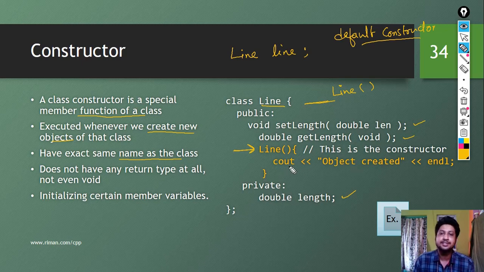I have written here cout object created endl, so a message will be displayed on the screen saying object created. Let's check it as an example in the code.